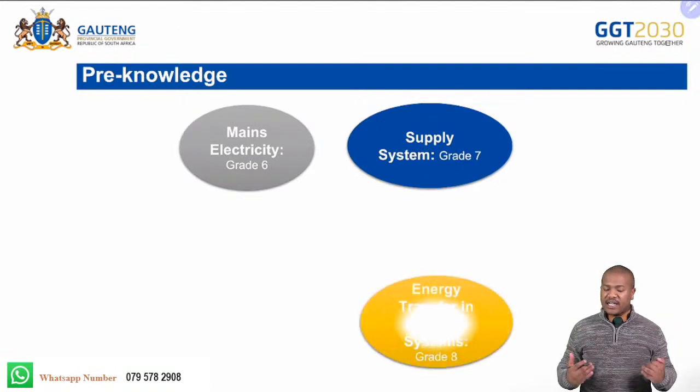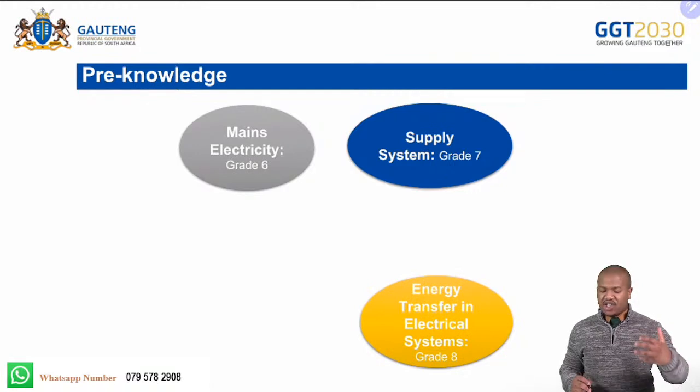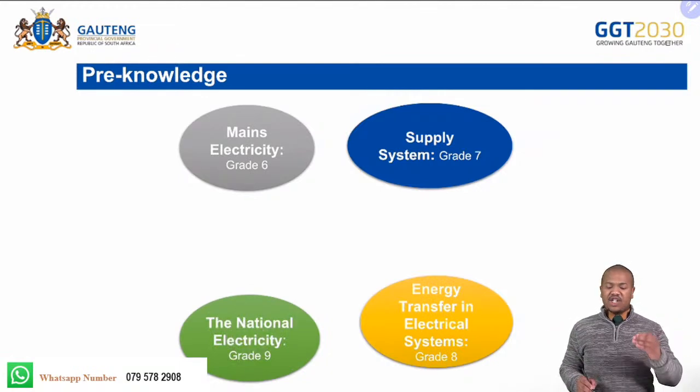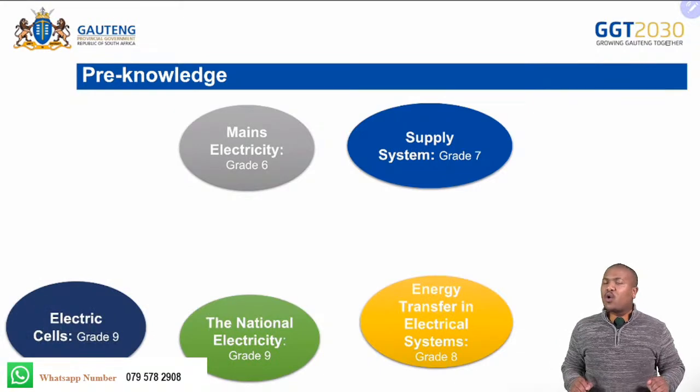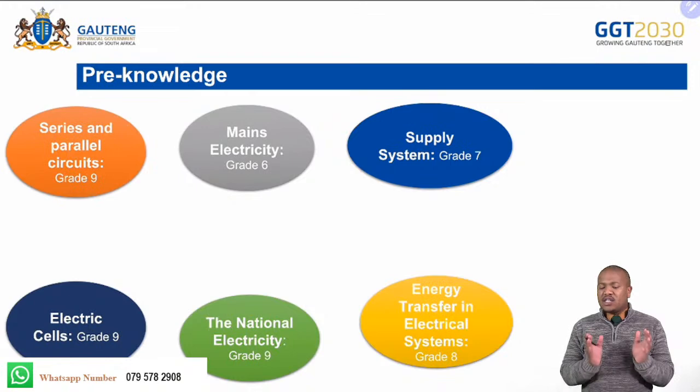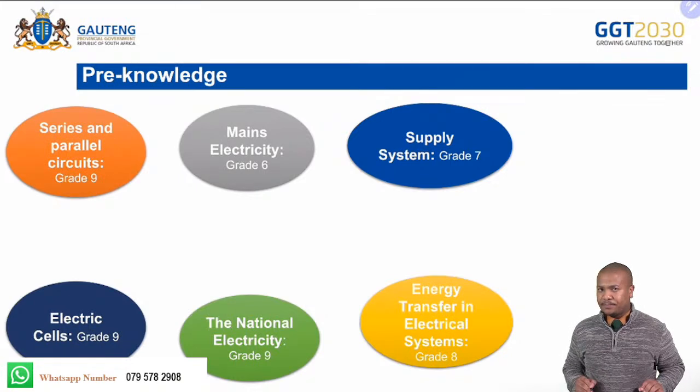Then in grade 8, we did energy transfer in electrical systems. Then in grade 9, we also did interesting topics such as national electricity, electric cells, and series and parallel circuits. This is all that we need as foundation to today's lesson.